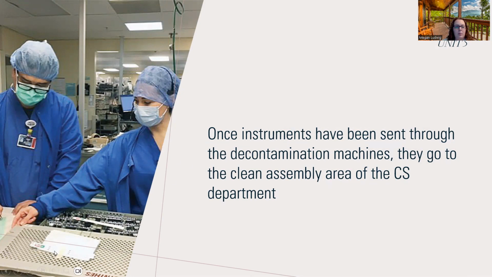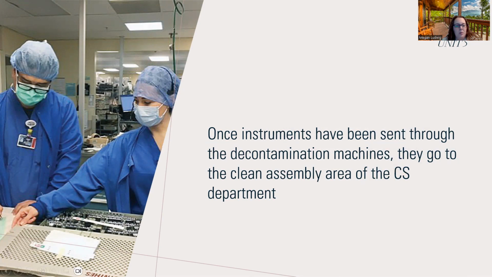That, like this lady here, is able to touch those instruments now with bare hands because they are safe for handling, I should say, not use. That way they can repackage this tray, make sure everything is there, nothing's missing. They can put things in that are missing. So that's the step in between.